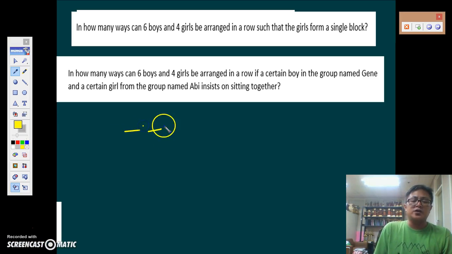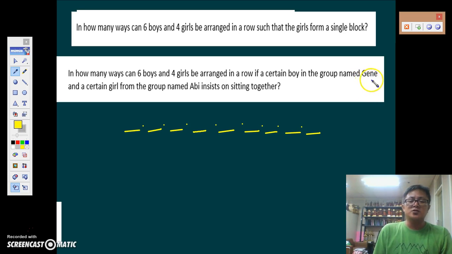Remember, there are 10 seats. 4, 5, 6, 7, 8, 9. And if these two star-crossed lovers want to be together, they will share the same seat. These 2 seats might as well be glued together. We have a total of 9 seats to arrange all in all, because remember, this will be taken as 1. So we have a 9 factorial here.